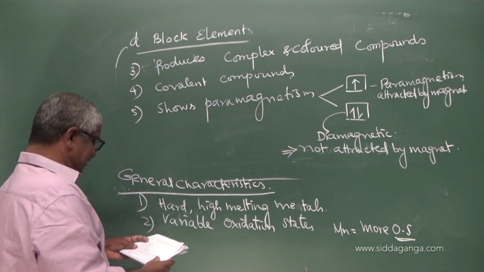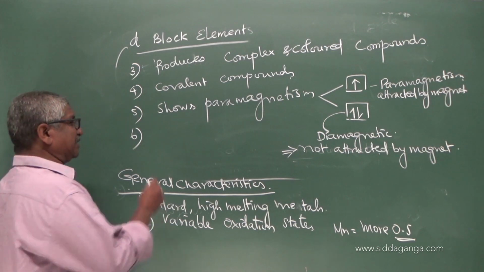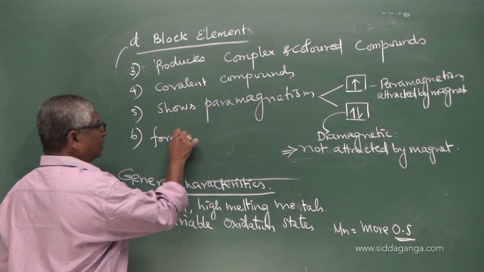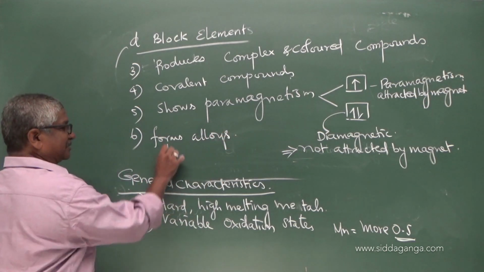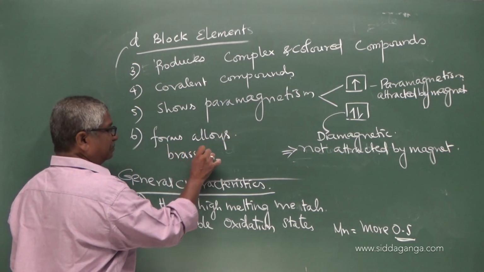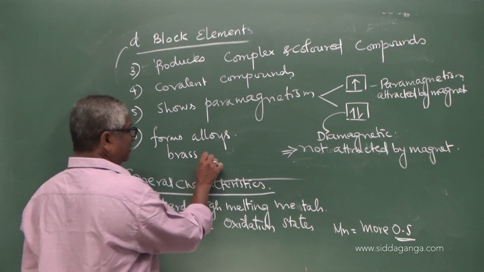The next is that d block elements form alloys. Example: brass. Brass is an alloy. It is a mixture of copper and zinc.